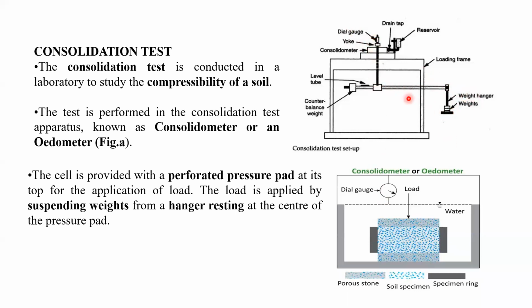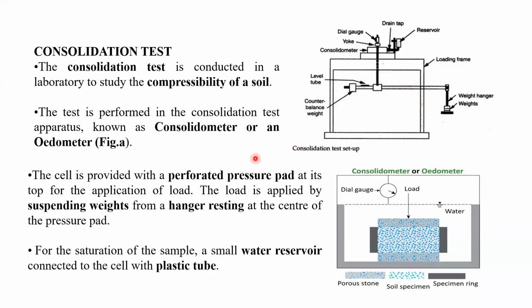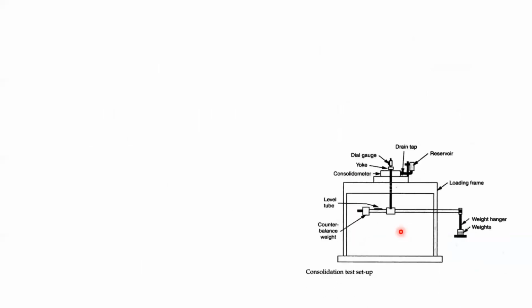The soil available in the consolidometer will be compressed, right? So this procedure will continue in this test. The water reservoir is connected with the plastic tube, and we have to always keep it in filled, fully saturated condition.